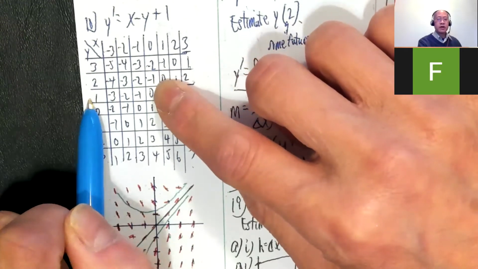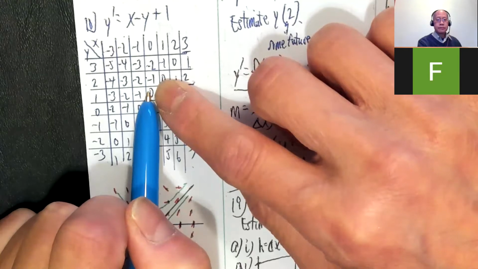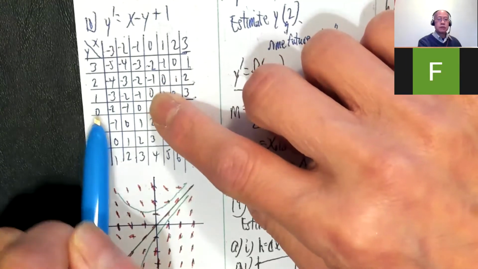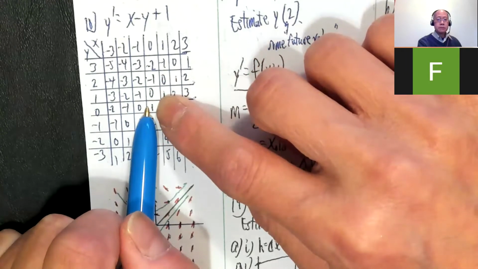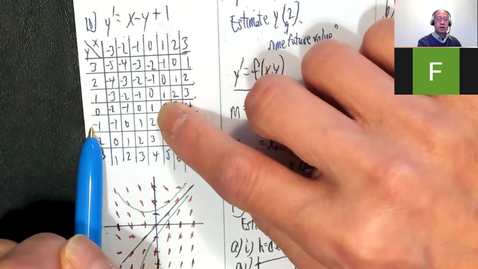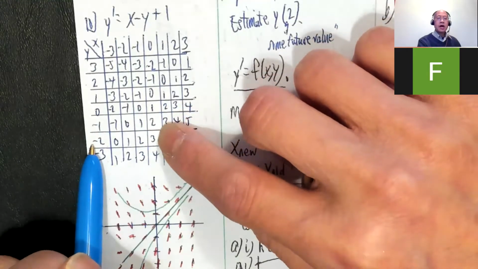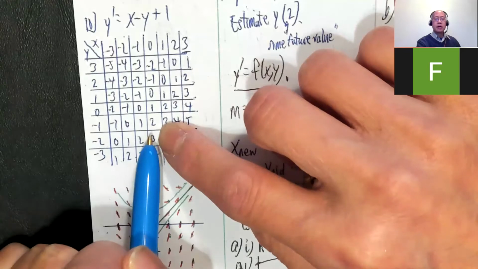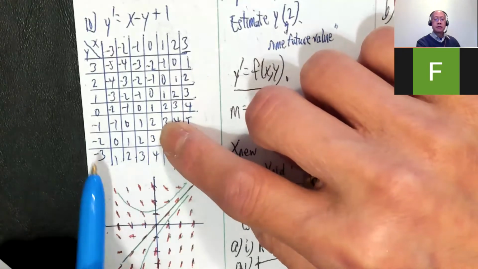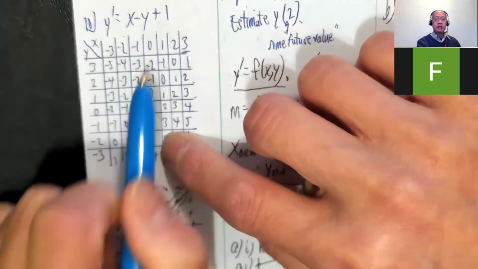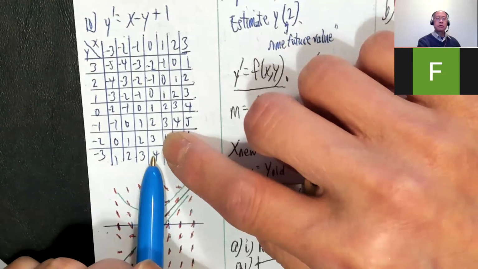Opposite of 1 is -1, add 1 is 0. Opposite of 0 is 0, add 1 is 1. Opposite of -1 is +1, add 1, 2. Opposite of -2 is +2, add 1 is 3. Opposite of -3 is +3, add 1 is 4.